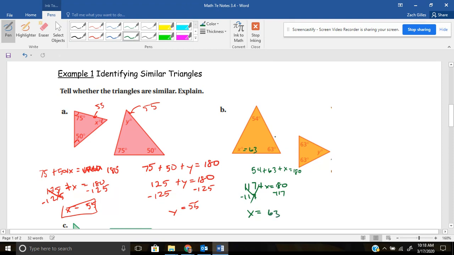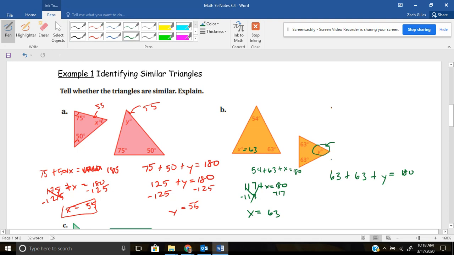So I have 63, 63, and 54. Well, look at here. If I have 63 and 63 as these two side angles, that would match up with this bottom triangle. What's the only value that's left for Y to equal 180? You could write it out, but I'm guessing a bunch of you are already seeing the writing on the wall. 63 plus 63 plus Y equals 180.